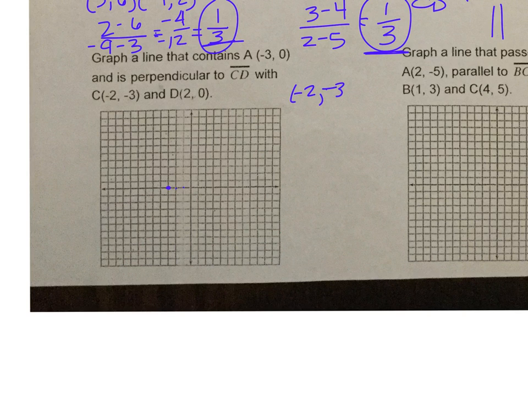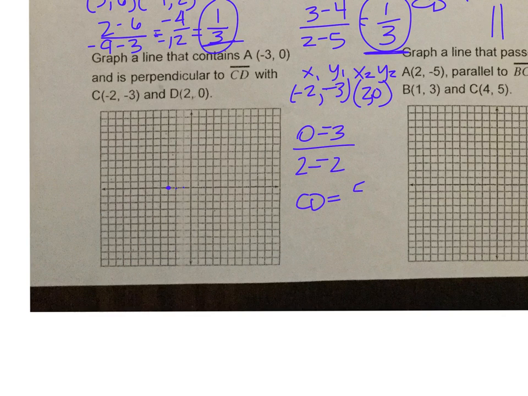Negative 2, negative 3, 2, 0, x1, y1, x2, y2. 0 minus negative 3 over 2 minus negative 2.